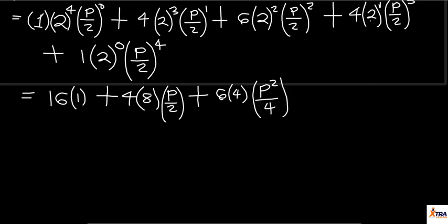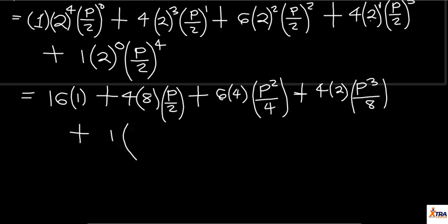Moving on, we have 4 into brackets: 2 raised to the power 1 is 2, and then p raised to the power 3 remains p raised to the power 3 over 2 raised to the power 3, which is 8. Moving on, I can now add here: 2 raised to the power 0 is 1, p raised to the power 4 remains p raised to the power 4, over 2 raised to the power 4, which is 16.